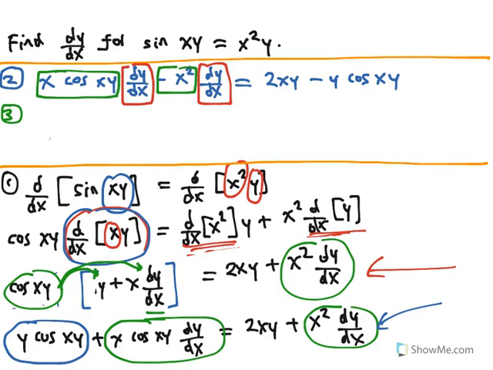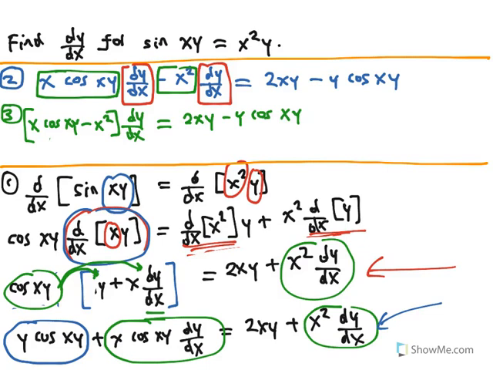So I will have dy dx, and I'm left with x times cosine xy from the first term and minus x squared from the second term. And that's equal to, on the right side of the equation, 2xy minus y times cosine xy.